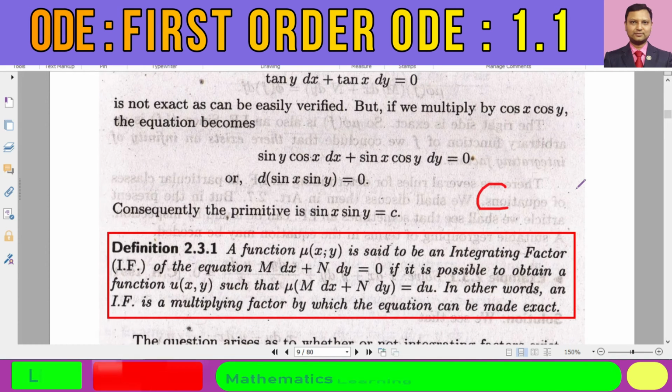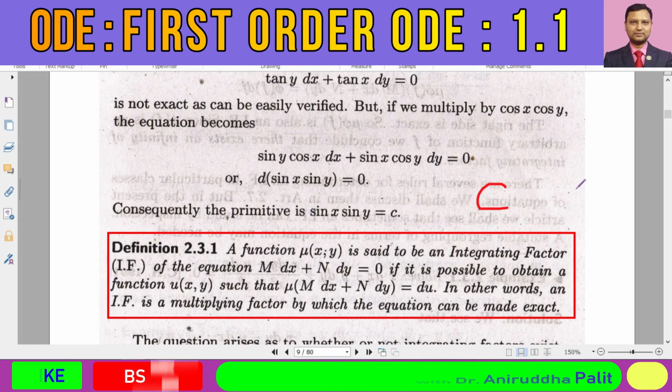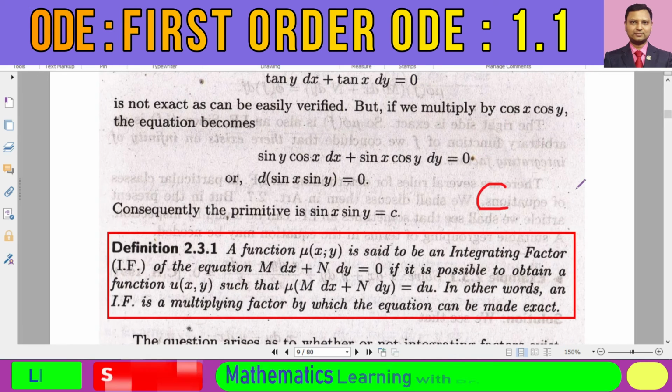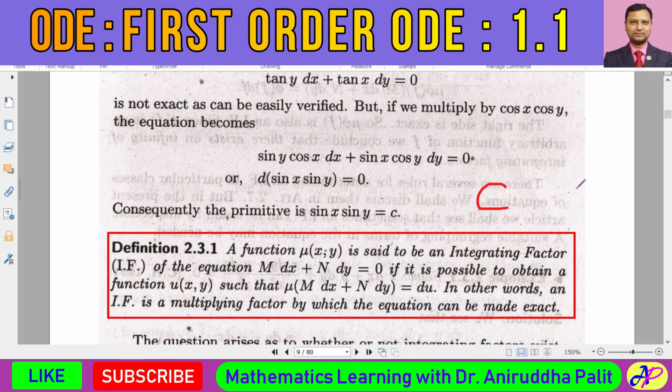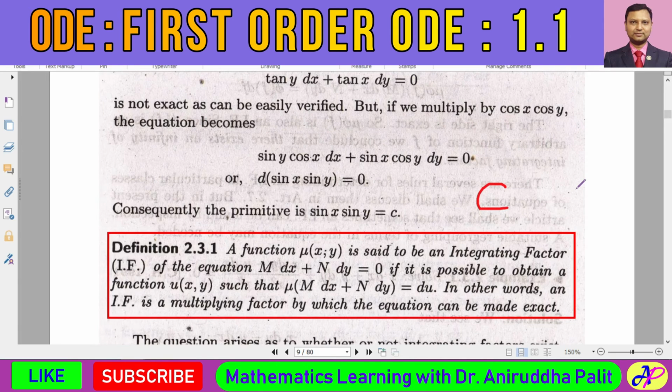You have the idea of conserved quantities in a physical system. If a system is conservative, sometimes the total energy of that system is a conserved quantity.